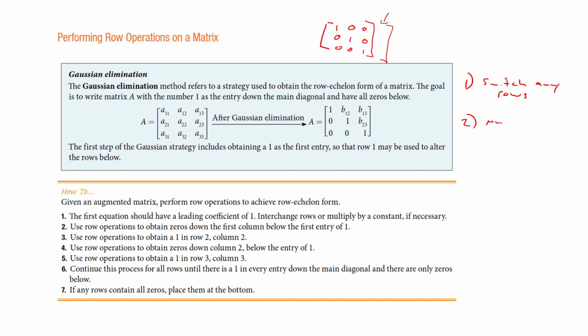We can multiply a row by anything we want. So we know that if you multiply an equation by something, as long as you do it all the way through, you haven't changed anything. Or lastly, what you can do, and here's the powerful trick, is we can multiply a row and add it to another.